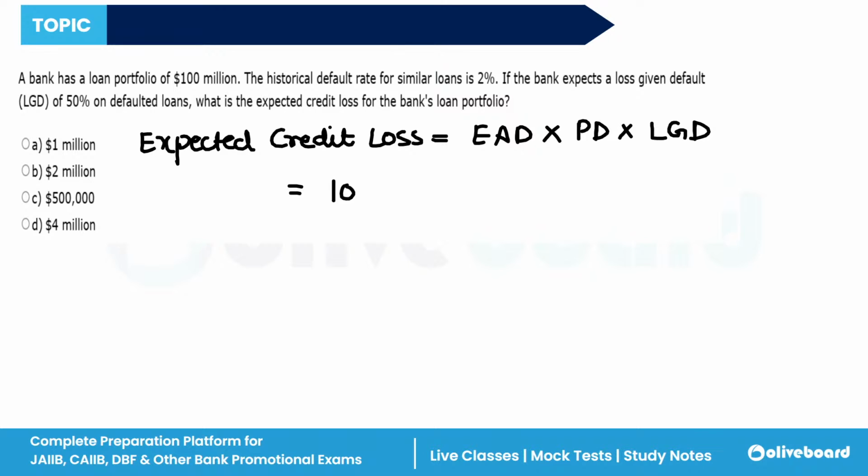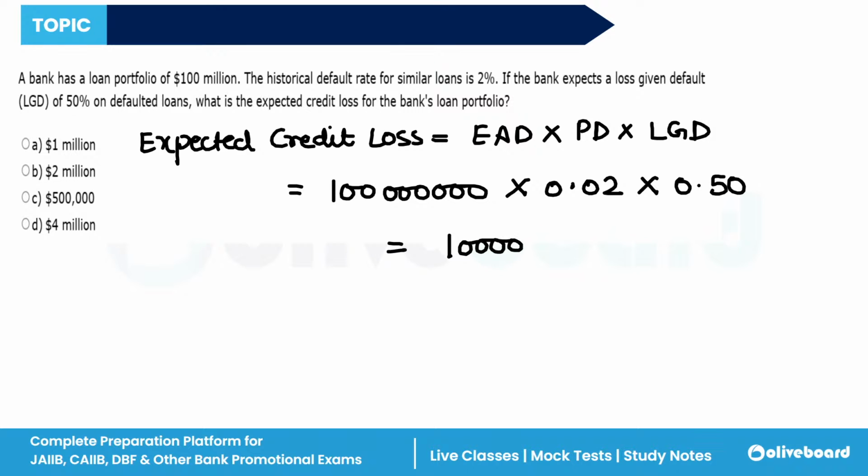So here 100 million multiply by 0.02, that is exposure at default. Then here loss given default is 50%, so 0.50, which is equals to 1 million. So the correct answer is $1 million.